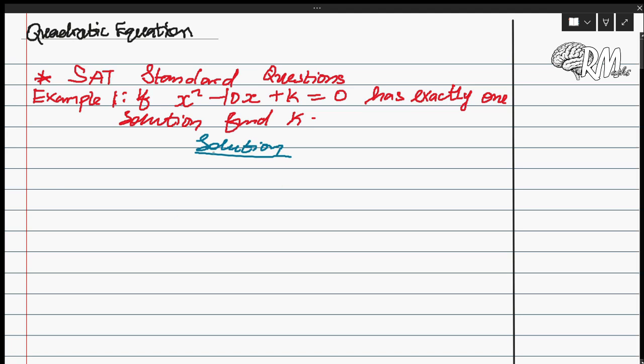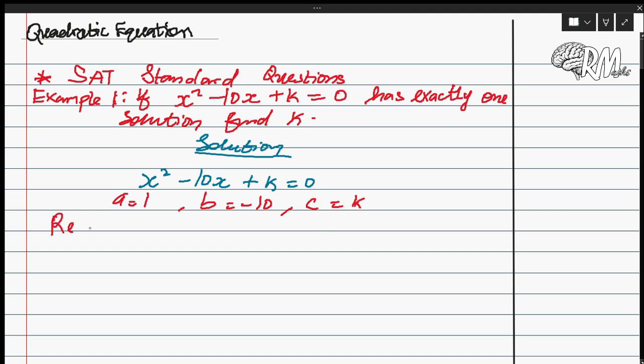So we write the question as x squared minus 10x plus k equals 0. Then we take our a, b and c. We have a to be 1, b to be minus 10, and c to be k.